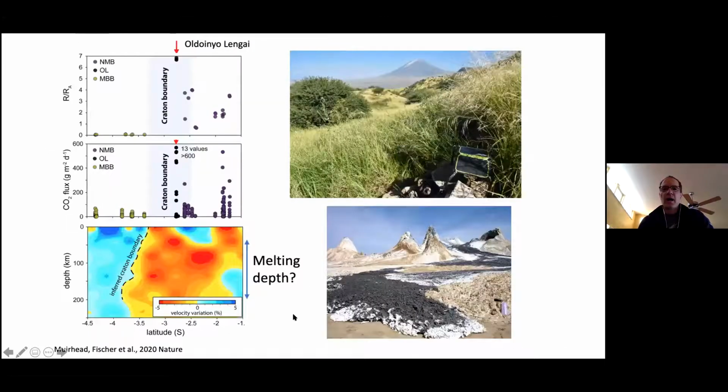And so Oldonyilengai, in fact, sits right here at that boundary where the CO2 is really peaking, where you have the most mantle-derived helium isotopes, and where you also have mantle-derived carbon isotopes.